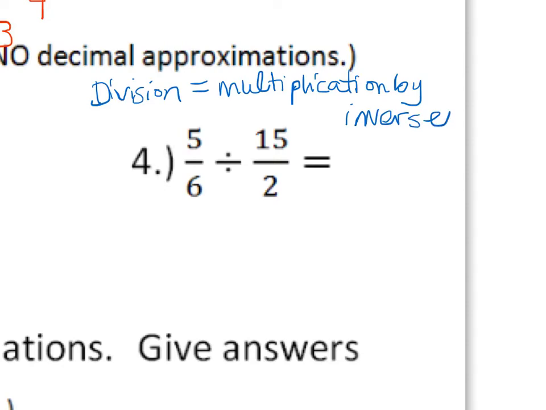Now, how do you know which one to inverse? Well, remember it this way, reading from left to right. Multiplication by inverse. The inverse comes second. So what that would mean on this one is we'd keep the first one, multiply the inverse of the second one, so 2/15 is the inverse. Reciprocal, I guess.